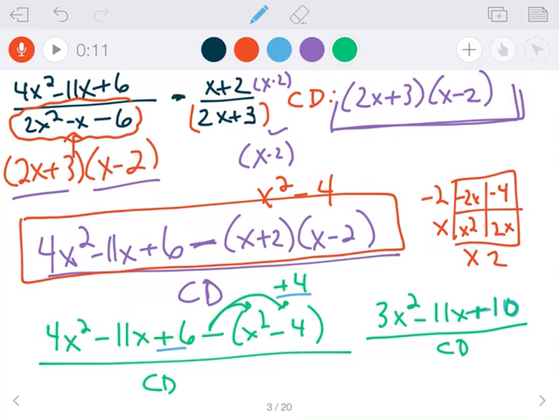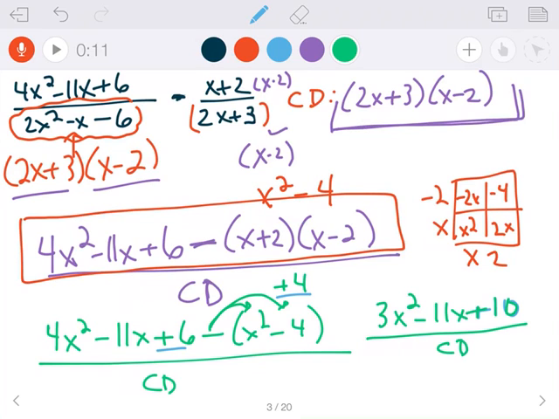I can't add this together anymore, and so now that I've added as much as I can, combined all the like terms, now I can go back to look to see if there's something I can do to factor it. So is 3x squared minus 11x plus 10 factorable?